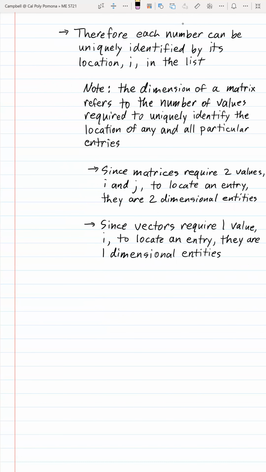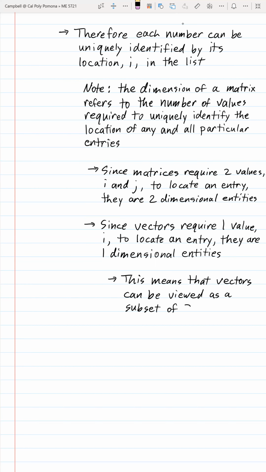And so, as I already kind of spoiled, clearly this then means that vectors can be viewed as a subset of two-dimensional matrices.